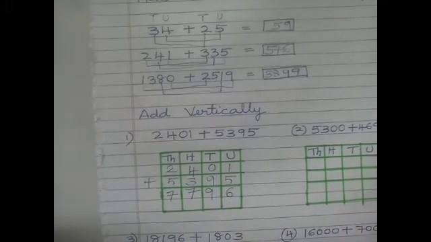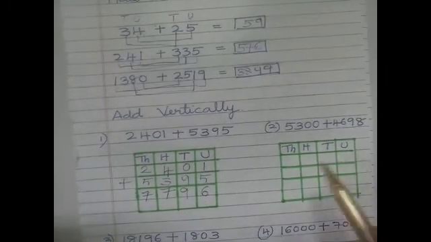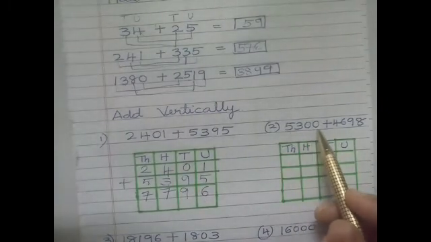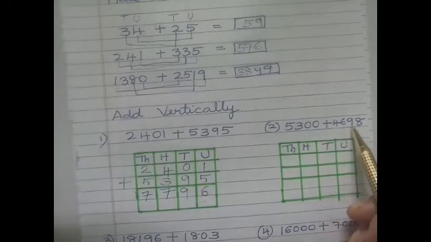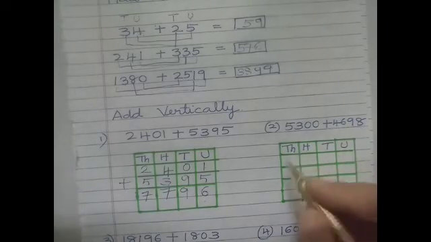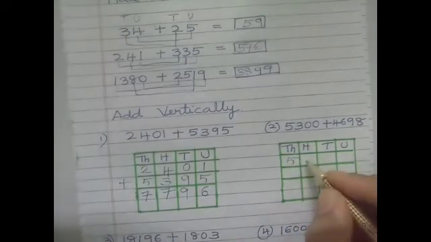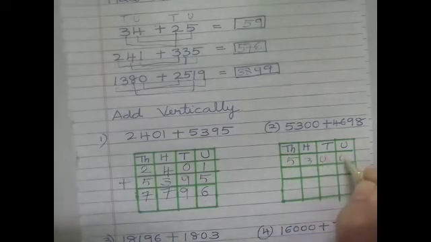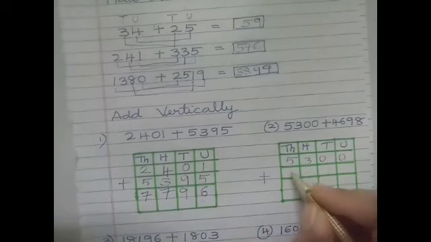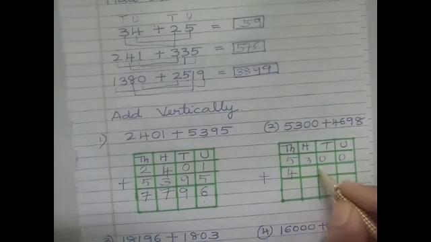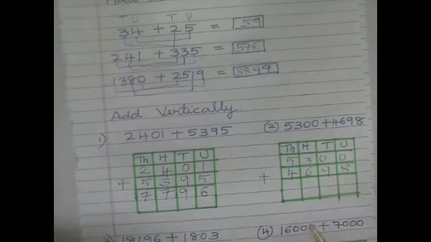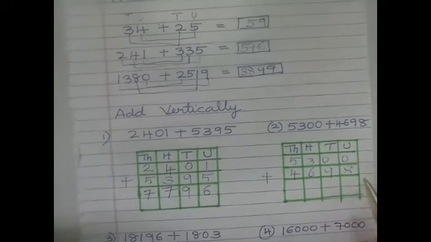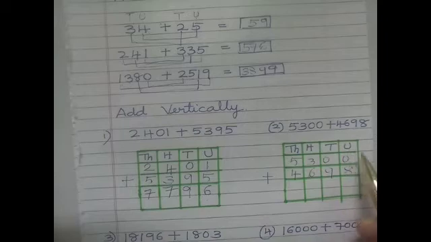Now look at the next question. 5300 plus 4698. So children, while adding, we will start from units place. 0 plus 8.